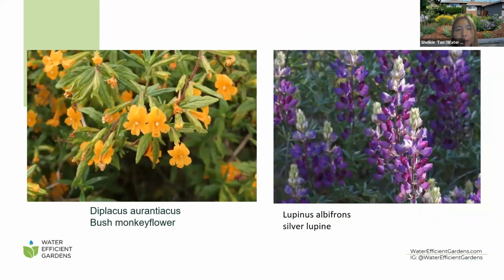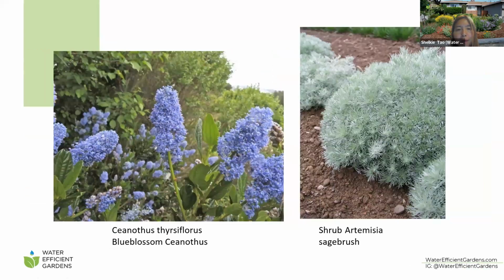As you can see, they have very attractive flowers of different colors. They can all do well. They're all very good native plants. When we design, we can just pick the ones we like, the flower color, the ones that can work with the garden style that we pick.